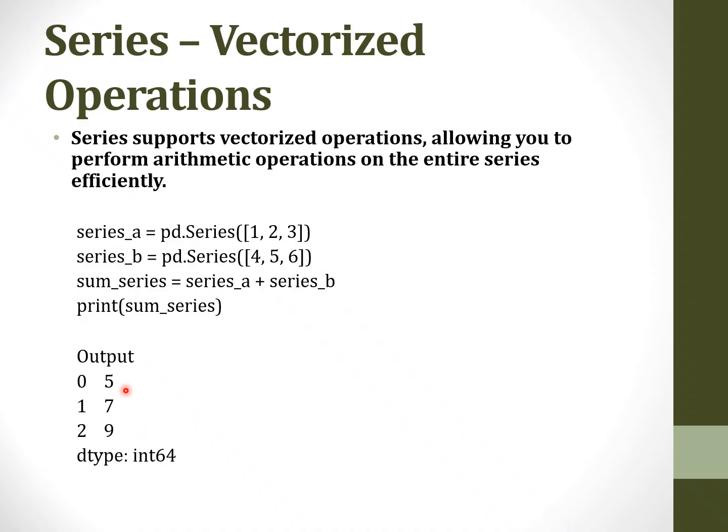One thing you have to note: adding two series will also be stored in a series. Since we have not assigned any index values, by default it is taking 0, 1 and 2.